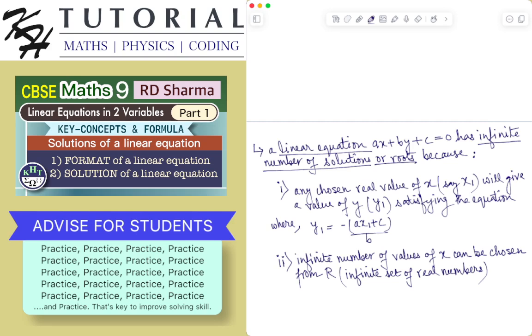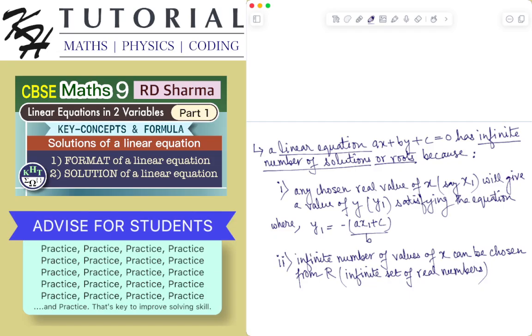I will definitely get a y1, which will be equal to negative of (ax1 plus c) divided by b, when the given linear equation is ax plus by plus c equals to 0. Then x1 comma y1 will be a root of the linear equation ax plus by plus c equals to 0.